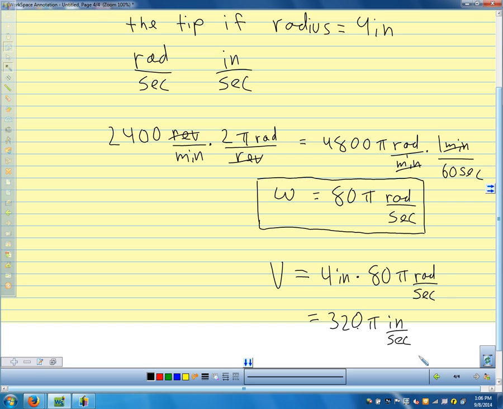And I can drop this unit of radians because we said that radians were arc length over radius. It doesn't have any units. The units cancel out, so we can ignore the units of radians. So often you'll hear your angular speed as just 80 pi per second. You don't even refer to the radians because it's unitless.